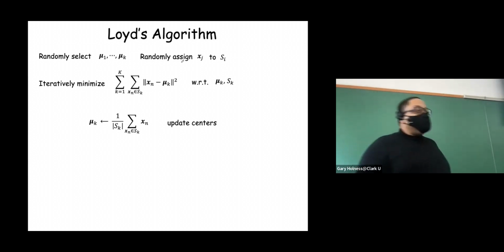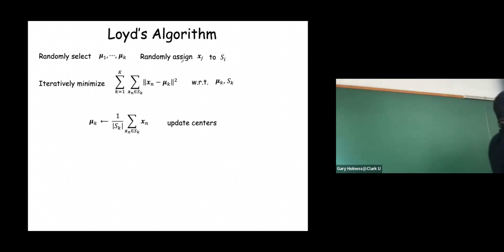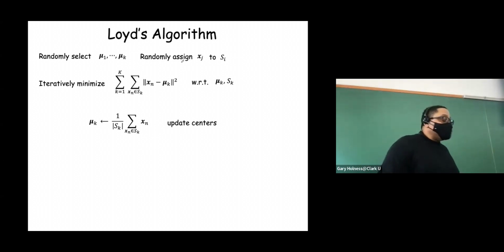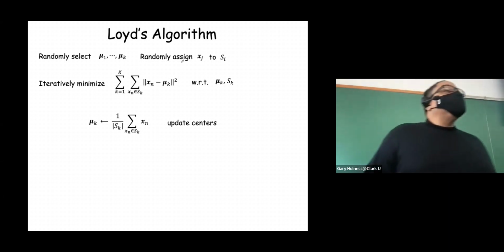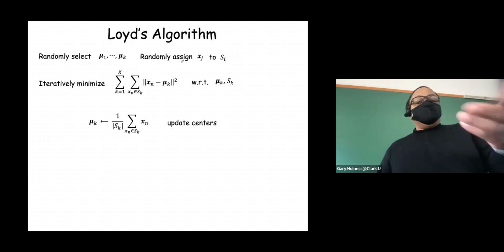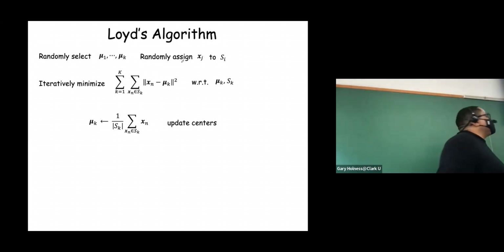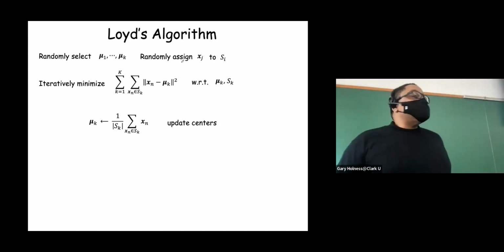When we do this update, it sets the centers mu1 through mu k precisely to the center of the points that were assigned to that grouping. So now this set of centers becomes more realistic. It reflects the assignment of points to clusters that was done at the beginning. Okay, any questions? No? All right.